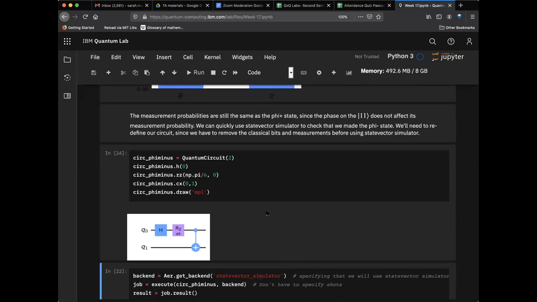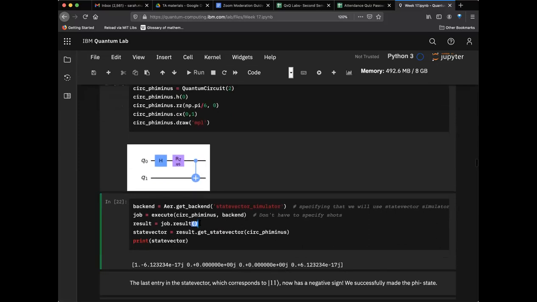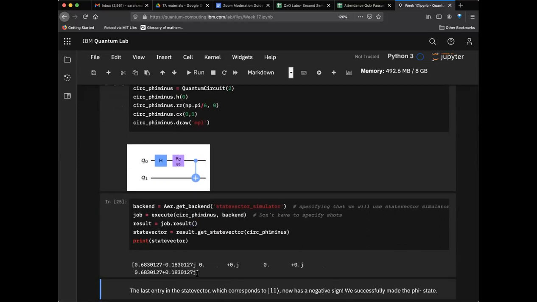Great, now we're on our RZ with a pi over 6 rotation, and then we do our entangling operation. And now, if we do that, you can see we still have the same total amplitude, where it's 50-50, 0-0 state and 1-1 state. You can see there's still nothing on our 0-1 or our 1-0 state.